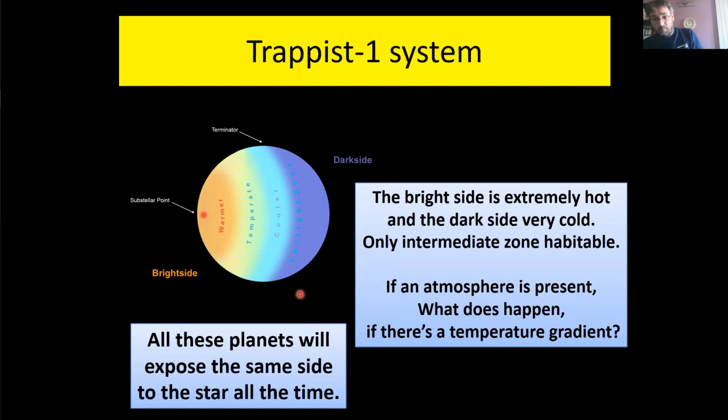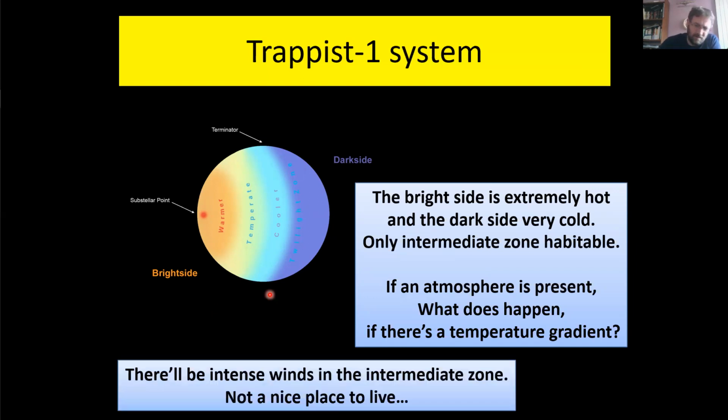And the larger the temperature gradient, or the difference between the two temperatures, the faster the process goes. It means we would get, in these zones where we have basically nice temperatures where we could live, massive winds going. So it would be very, very uncomfortable. So not really a nice place to live.